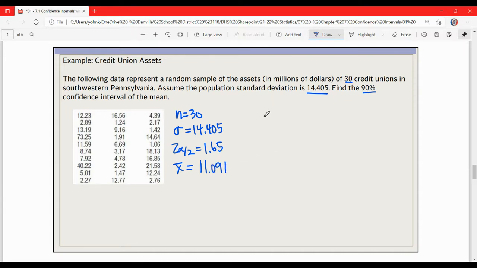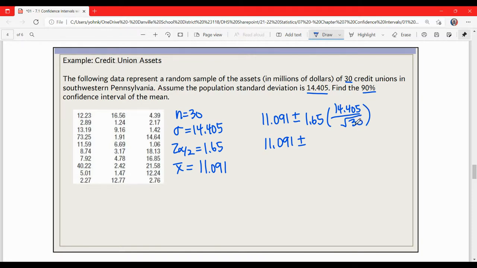So my confidence interval is x bar, which is 11.091, plus or minus the critical value, 1.65, times the population standard deviation, 14.405, over the sample size, which is 30, so square root 30. So I leave the 11.091 alone. I type 1.65 times 14.405 over root 30 into my calculator.